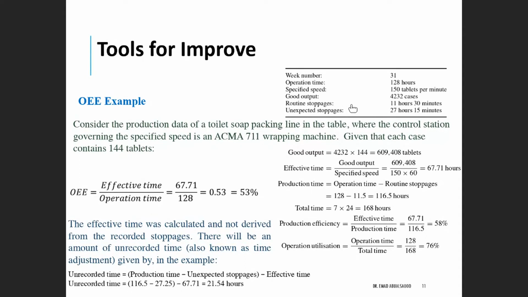So we have to unify the unit. So 42,032 cases times the 144 that comes in every bag gives us 609,408 tablets. How did we get this number?